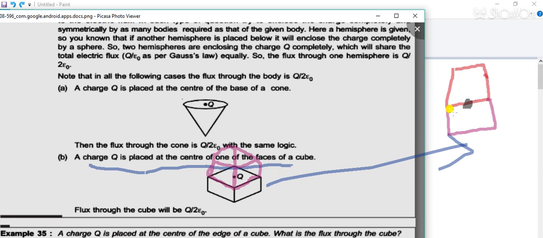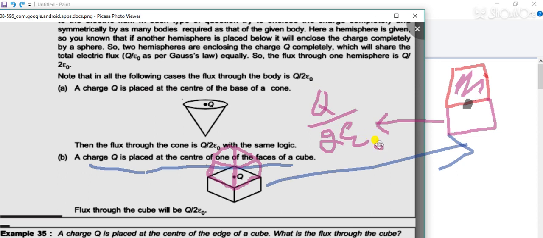So the total flux linked with one cube, like here we have shown this downward cube. If I eliminate this upward cube, then the total flux linked with the surface is q by epsilon naught, and with one cube it will be q by 2 epsilon naught. So the same concept is used in question number 34.